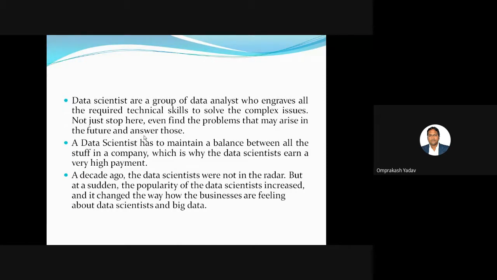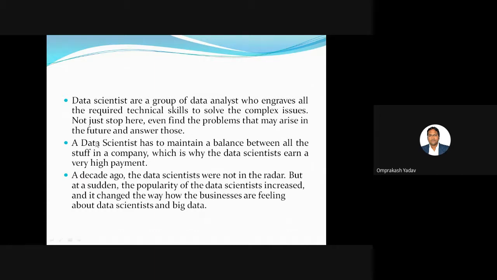So lots of uncertainties might be there, which will not increase the share price. Even in the future, what may happen, the data scientists will be able to tell. For example, suppose we are doing certain things now, and what will be the result of that particular thing in the future, that also the data scientist will be able to tell you by using certain algorithms.